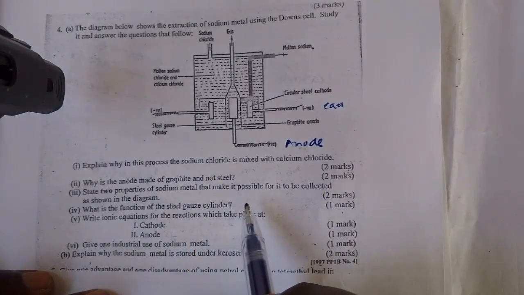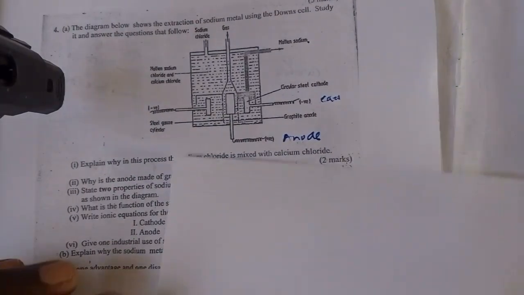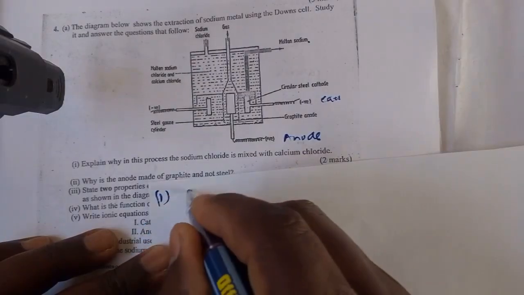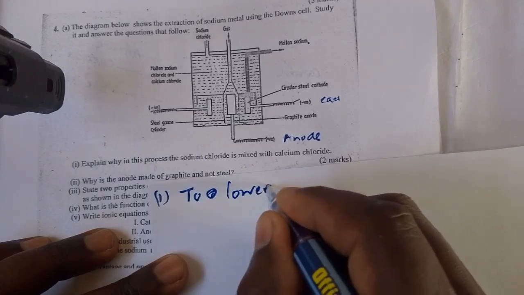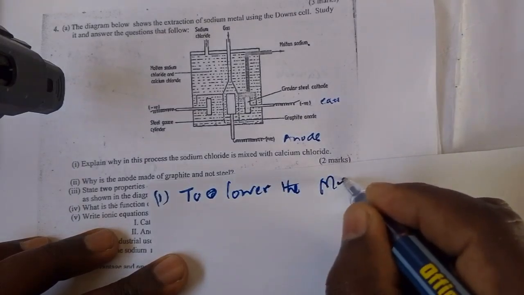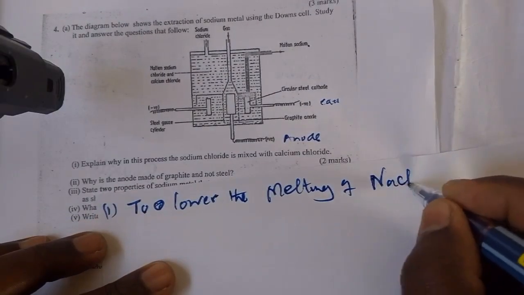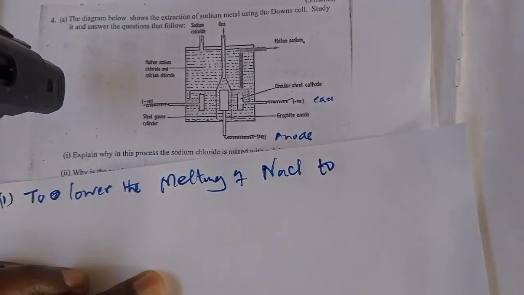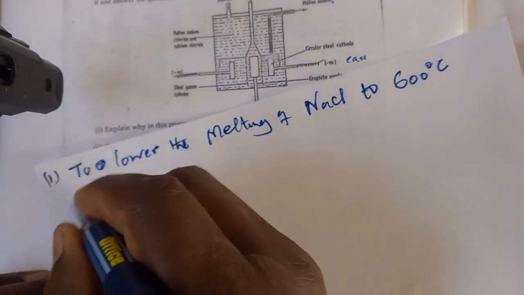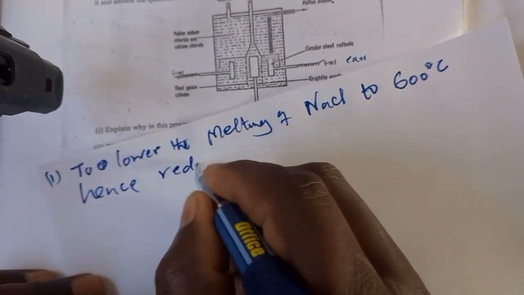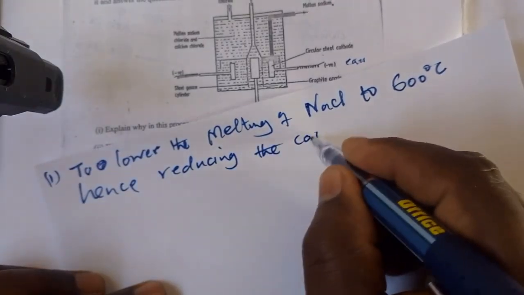The reason was to lower the melting point of sodium chloride to 600 degrees Celsius, hence reducing the cost of production.